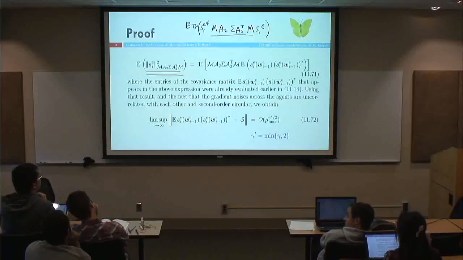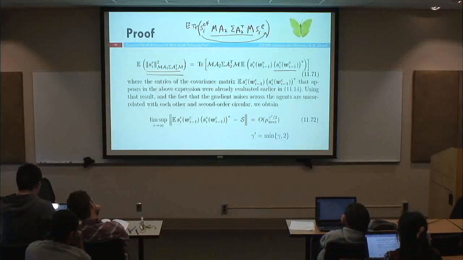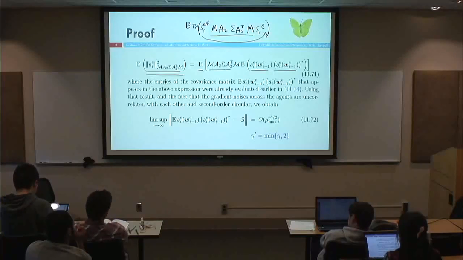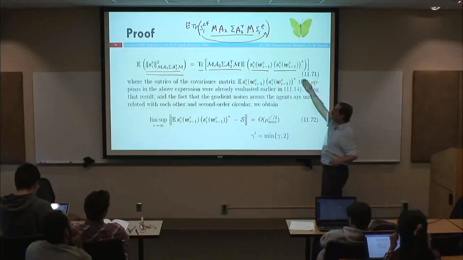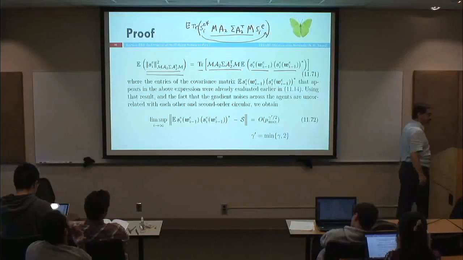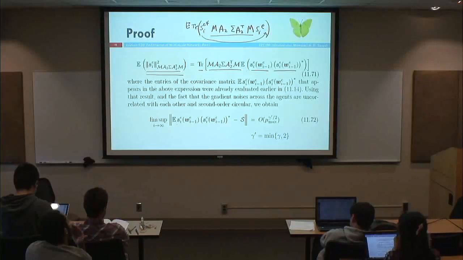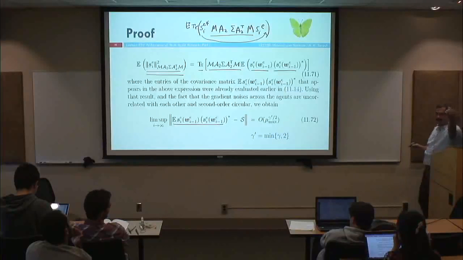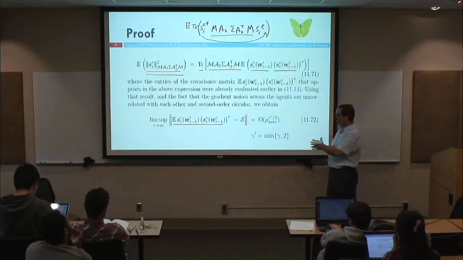Well, trace of AB is the same as trace of BA, okay? So I can take this S_i star, put it here. That's exactly what I did here. Correct? Why? Because I want to introduce the covariance of S, which I know is related to G. I know that the covariance for each agent is related to G, right?